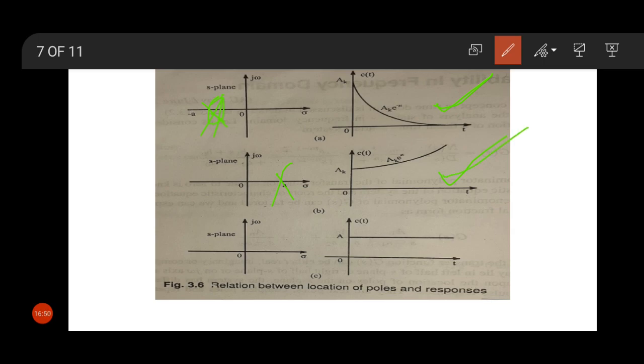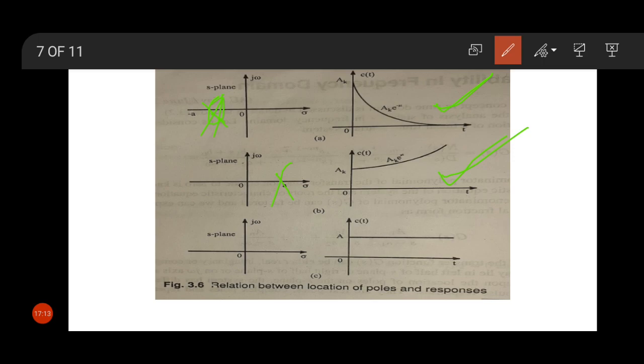The impulse response increases without any bound as t increases, as shown in figure B. Thus a stable system G(s) must have poles in the left half of the s-plane.